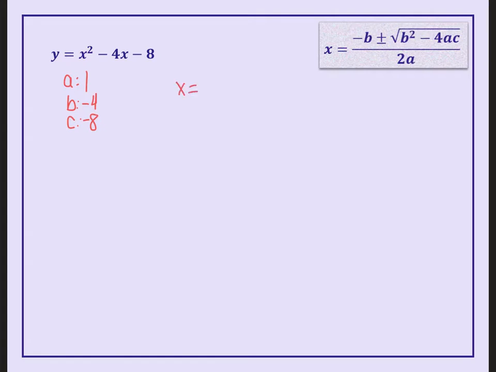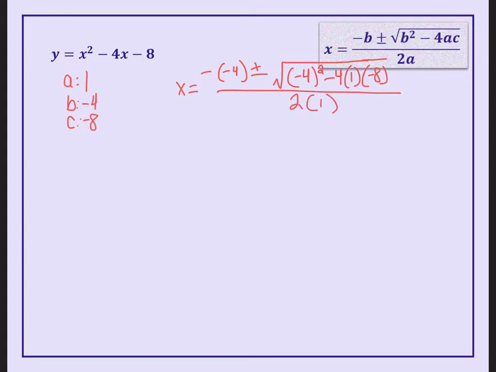X equals, on the top we have -b. We have a plus or a minus, the square root, b squared minus 4 times a times c, and all of that fraction is over 2a.